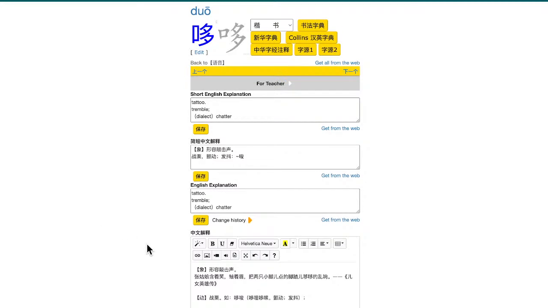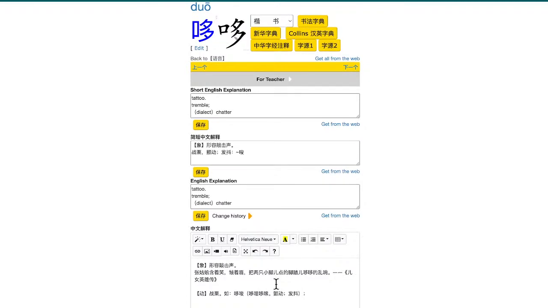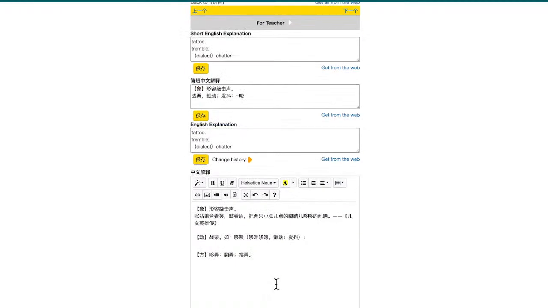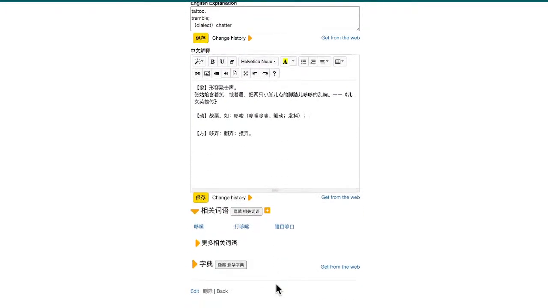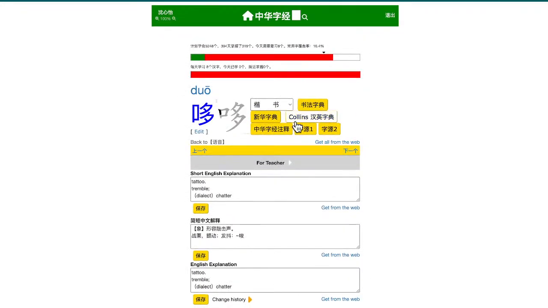So this is 哆. And very simply, on the right hand side is the character 多, which means more, like more than normal, more than average, called 多, okay.